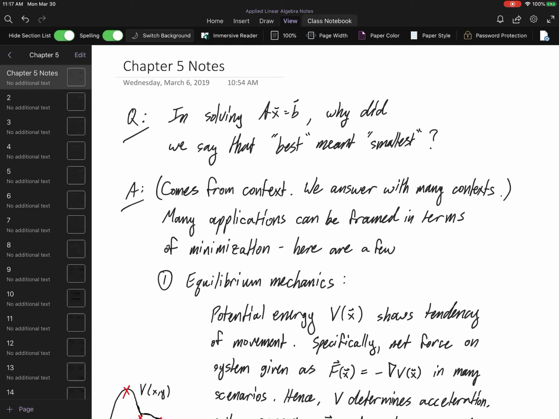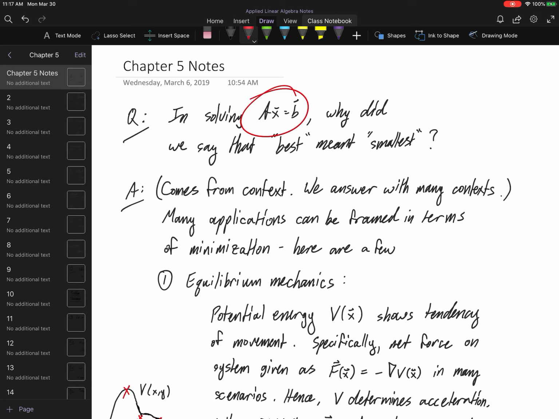And we are now going to readdress one of the questions that we answered at the end of that section, which was: if this equation Ax = b doesn't have a solution, or maybe it does have a solution, what is the best solution for it?